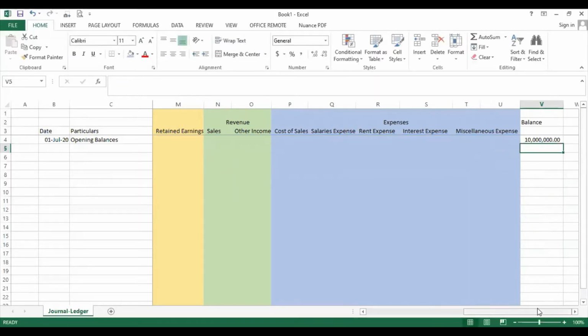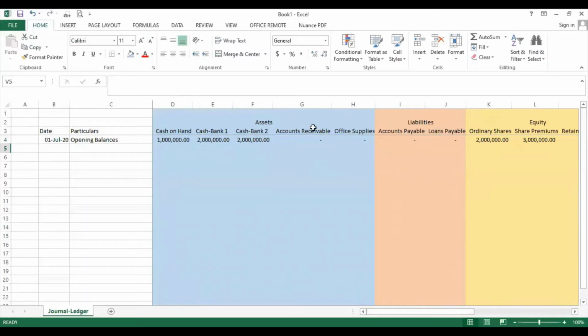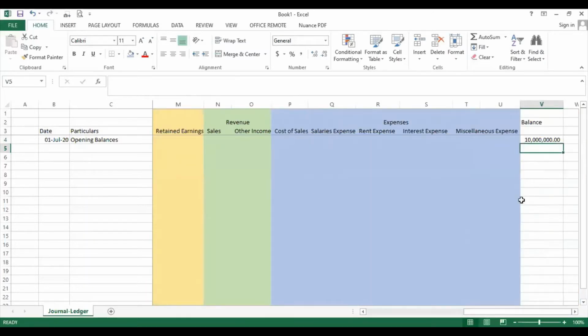So now it's 10 million. Of course, we have assets 5 million and equity 5 million. This is where our balance will work as a check figure. You will know that what you're doing is correct if your balance here is 0.